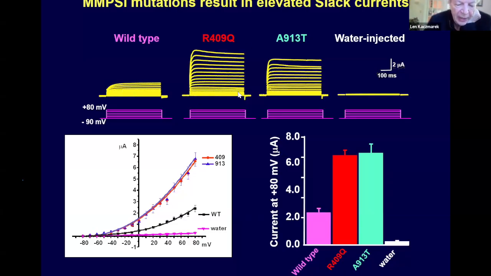So this is where we take the messenger RNA, express it in an oocyte of a toad, and measure the currents going through the channel. And with these mutants, you can see they're much bigger than the currents that you get with the wild type. And uniformly, at all the voltages tested, they are greater.